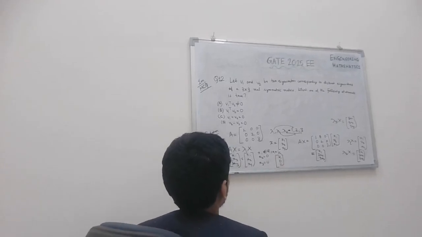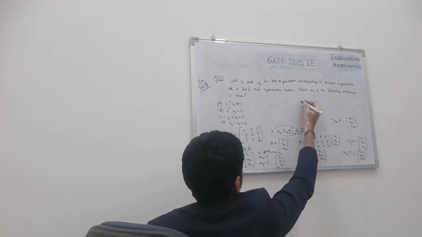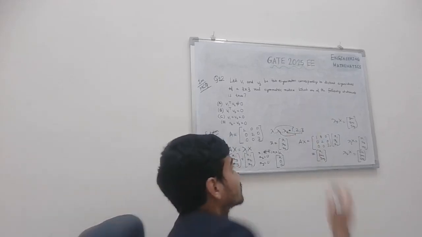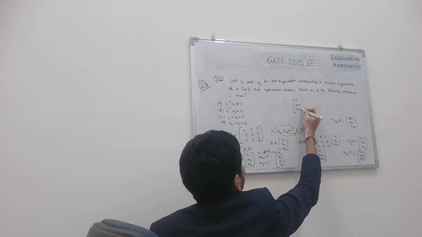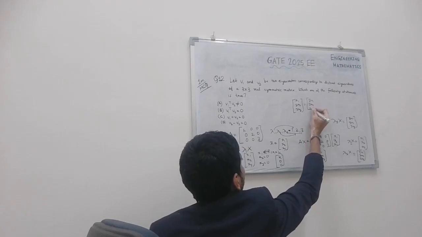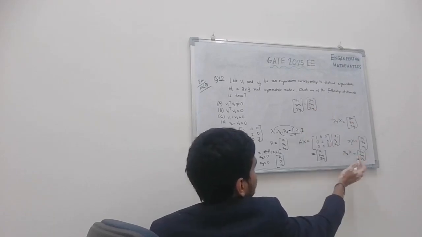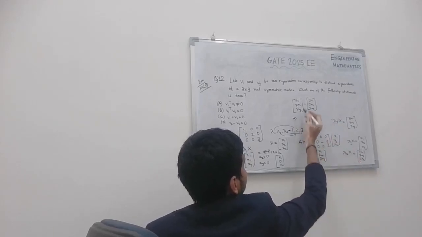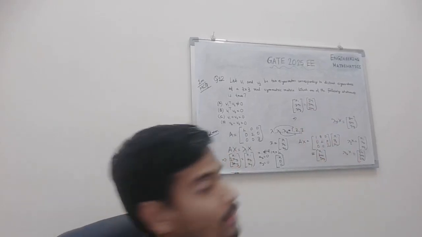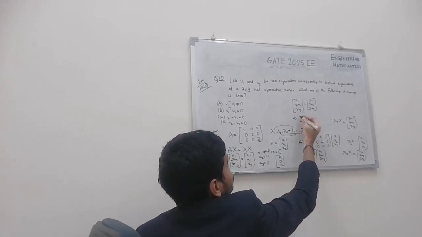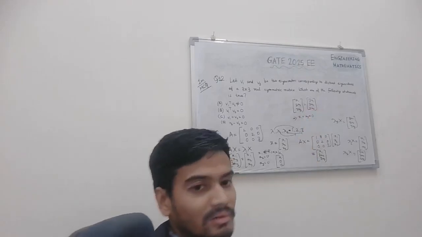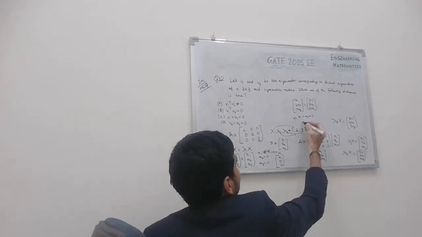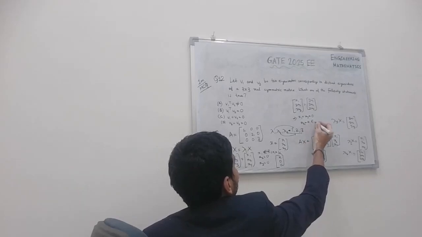Similarly, if you take A x equal to lambda 2 x, so x1, 2x2, 3x3 equal to 2x1, 2x2, 2x3. So x1 equal to 2x1 means x1 is 0. x3 is also 0, and 2x2 equal to 2x2 means x2 can take any value. Let's say x2 equal to k2.